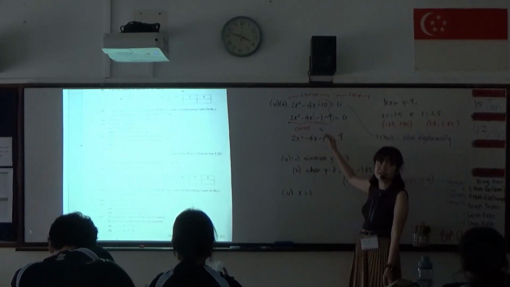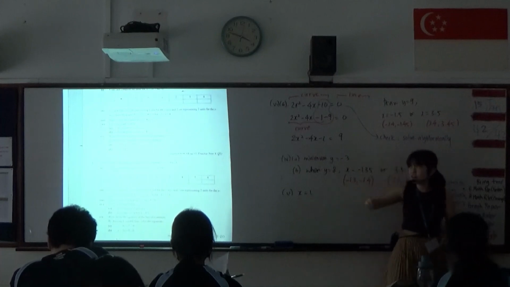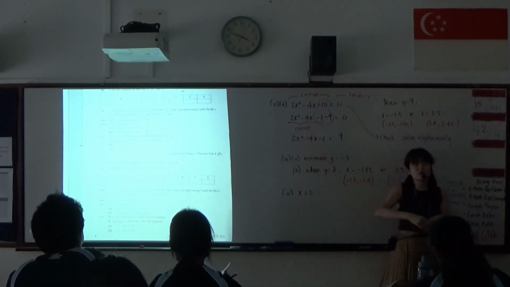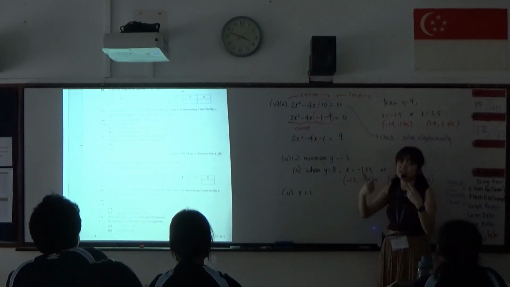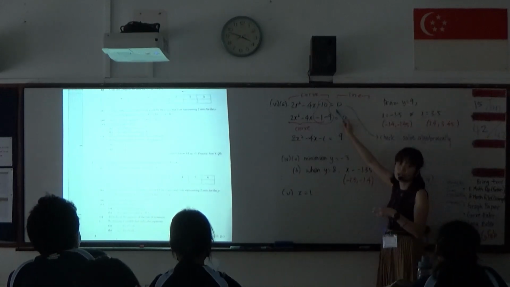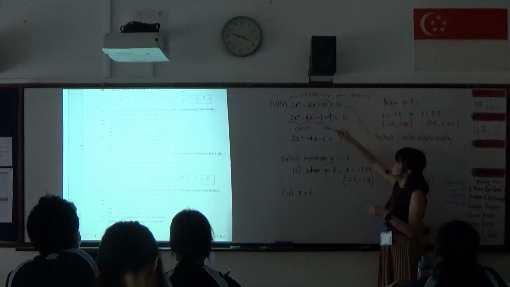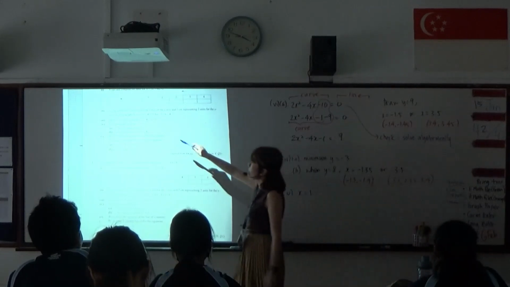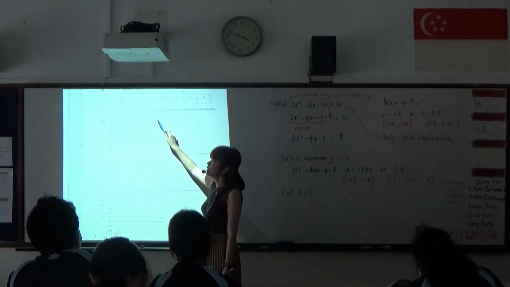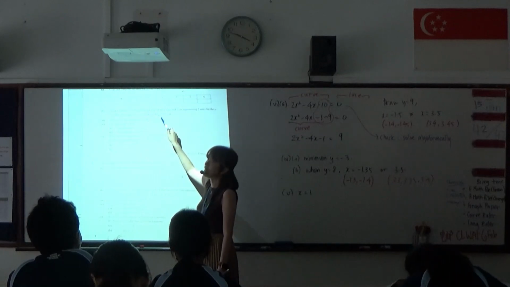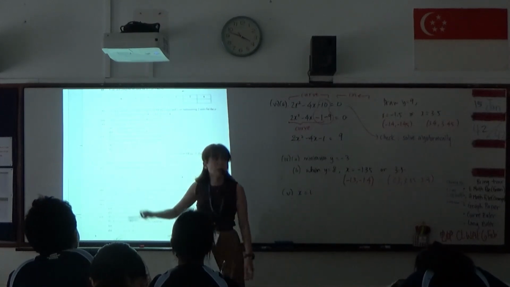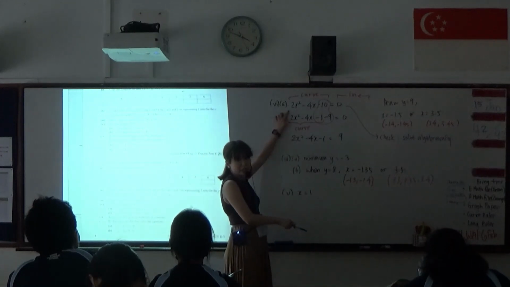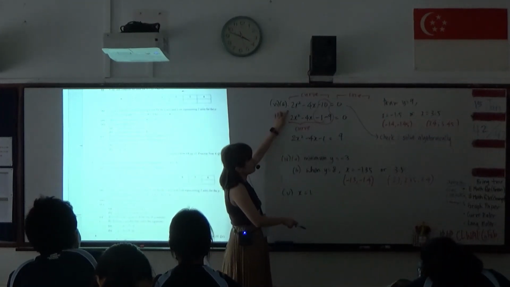So I want to figure out how a curve that I've already drawn will interact with another line such that the intersection points will give me the solution to this equation. Because the original 2x squared minus 4x minus 1 equals to 0, it is the curve with a line y equals to 0. Now I want the curve with another line that will help me to solve this. So it must come from this equation here.